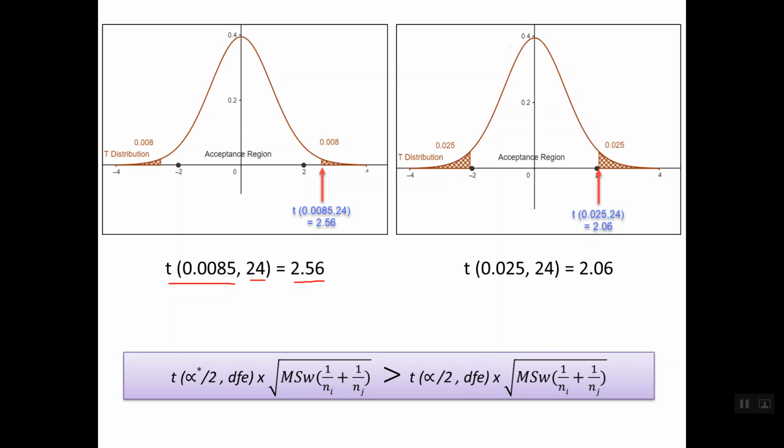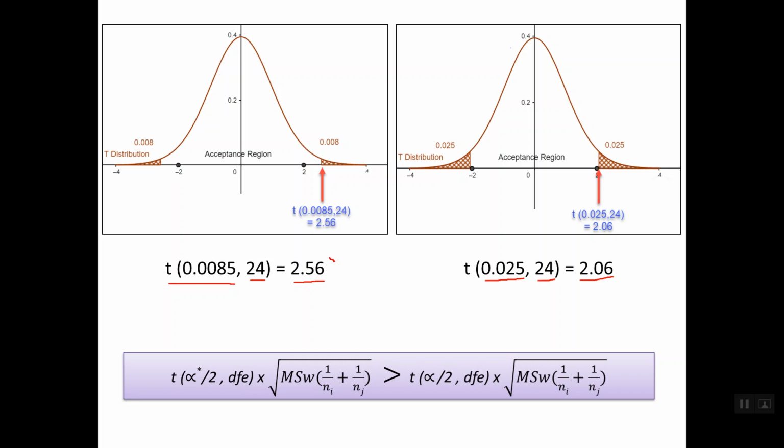While the value of t for alpha equals 0.025 for one tail, or 0.05 for two tails, and degree of freedom 24, is 2.06. It is less.